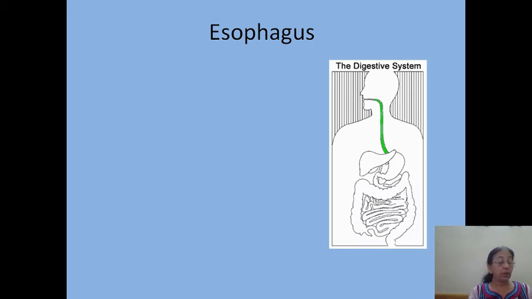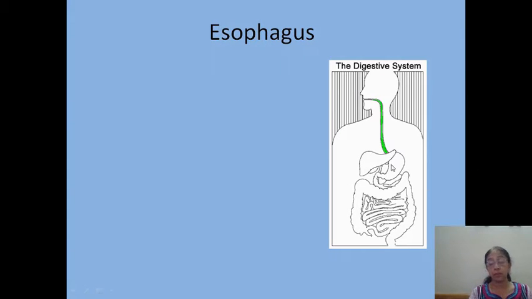Now, the partially digested food in the mouth is swallowed by the tongue and goes down the food pipe called the esophagus. Green color से दिखाई है esophagus. The esophagus carries the food to the stomach.